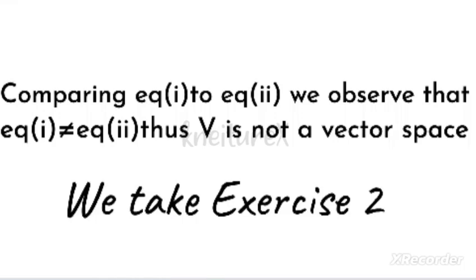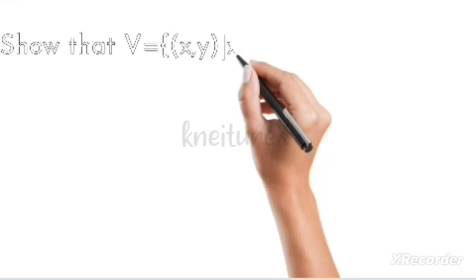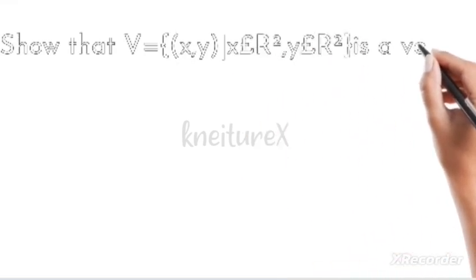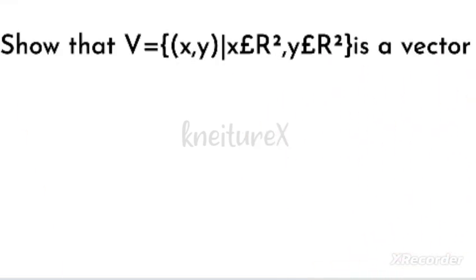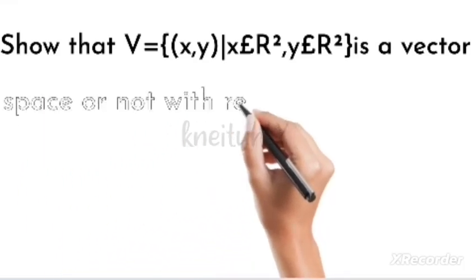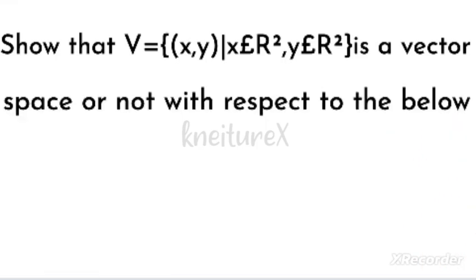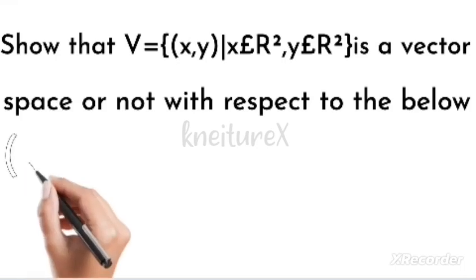So in exercise 2 we have shown that V, which is also a two-dimensional Euclidean space, we have (x, y) such that x is in R squared and y is in R squared, that is two-dimensional Euclidean space. Is the set closed, is it a vector space or not with respect to the below operations?